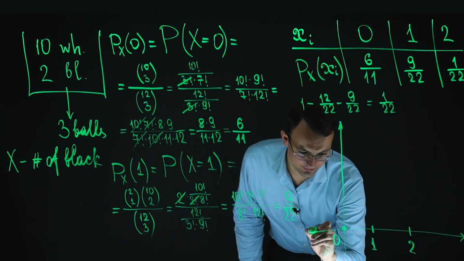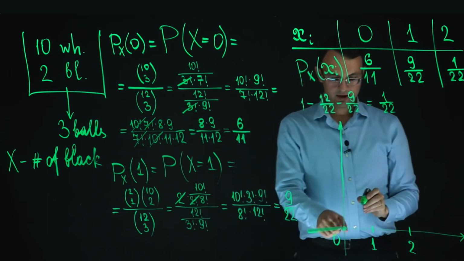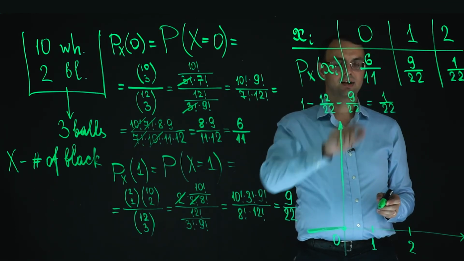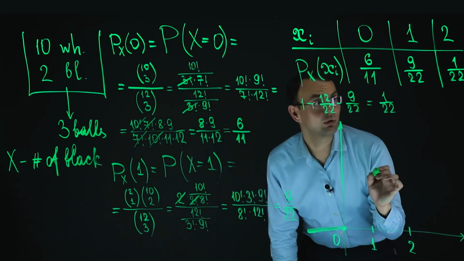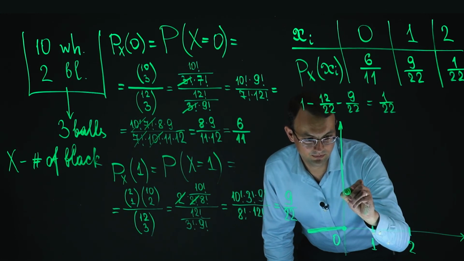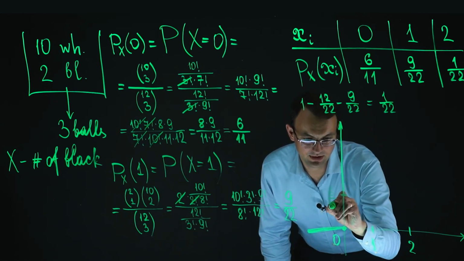Here, left of 0, my function is equal to 0. Here, at 0, I have a stair, and its height is 6 over 11. It's almost 1/2. So this is 6 over 11.